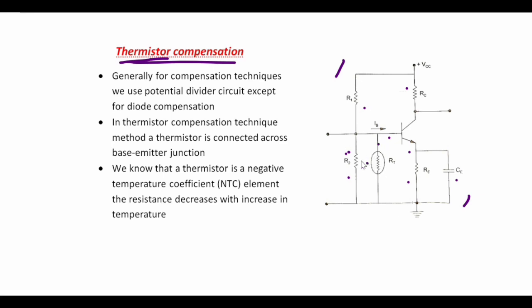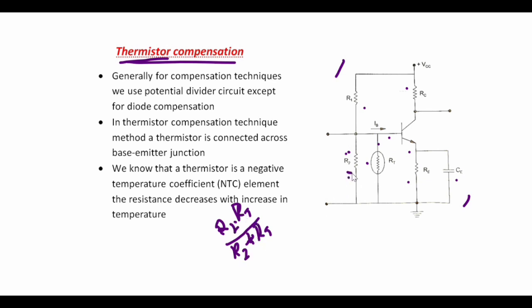Then the total resistance across this loop, the total impedance, is replaced with these two in parallel, so we can write it as R2 into RT by R2 plus RT.